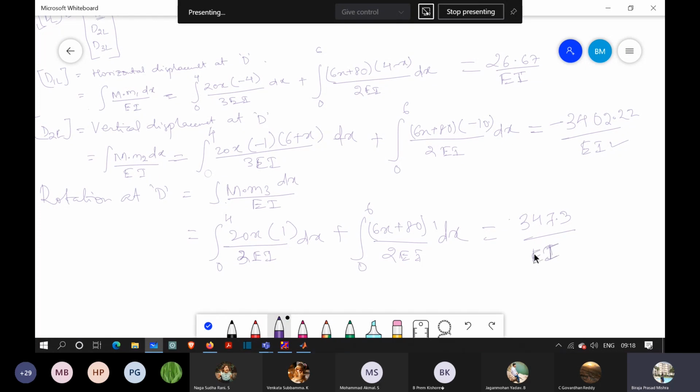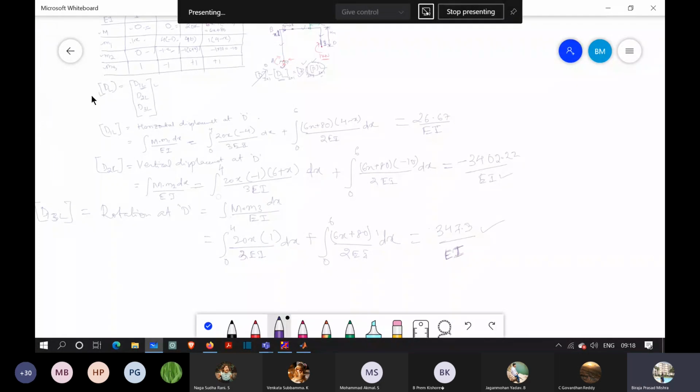Yesterday I was having some cold, so now it is fine, but still I am under medication. Okay, so now we have found out the displacement matrix, that is, we have found out the d1l.